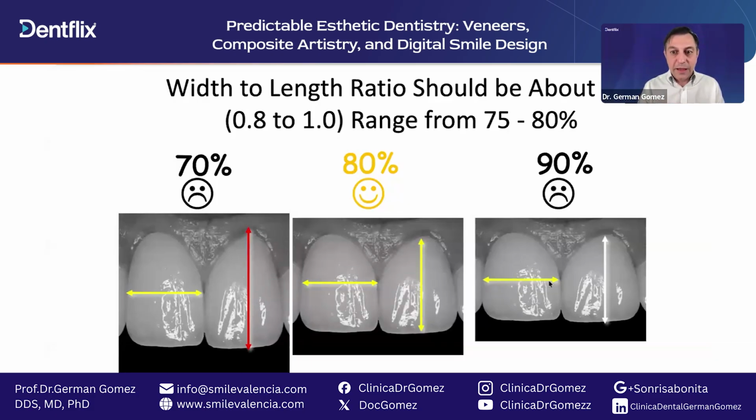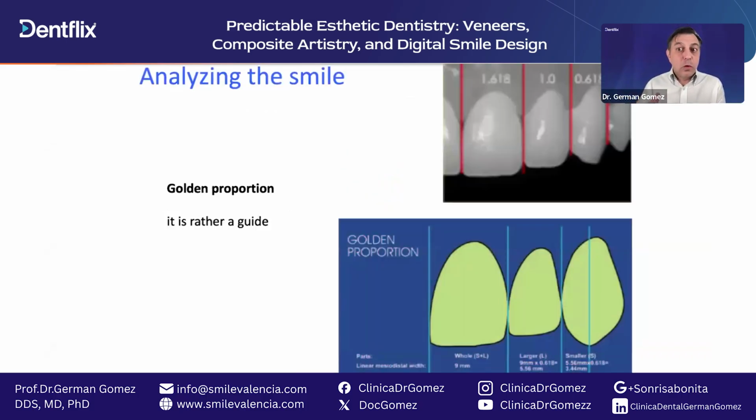If the width is 90% of the length, then the tooth looks too wide. Also, we can analyze the golden proportion to see if we can apply it in this case, always taking into account where the canines are placed in the face. So there we do the distribution of all these teeth.